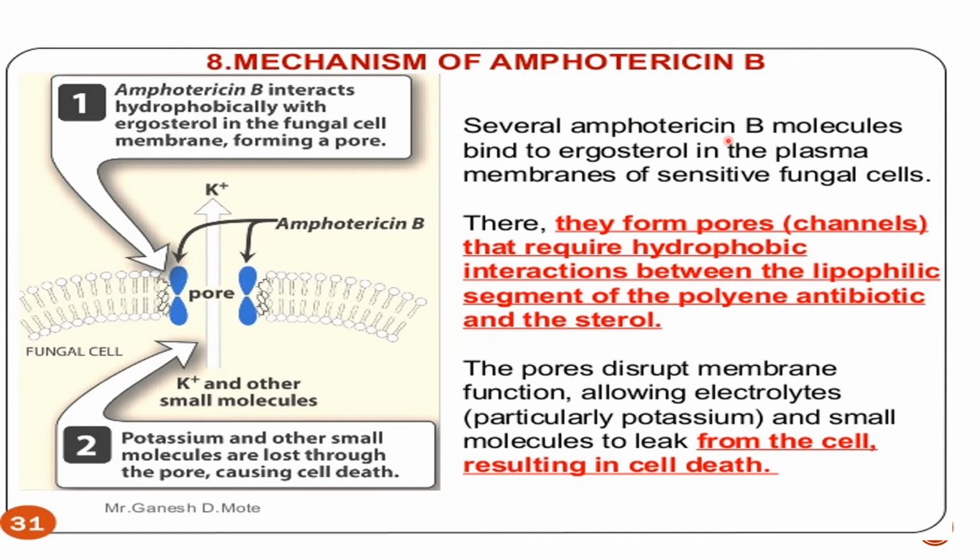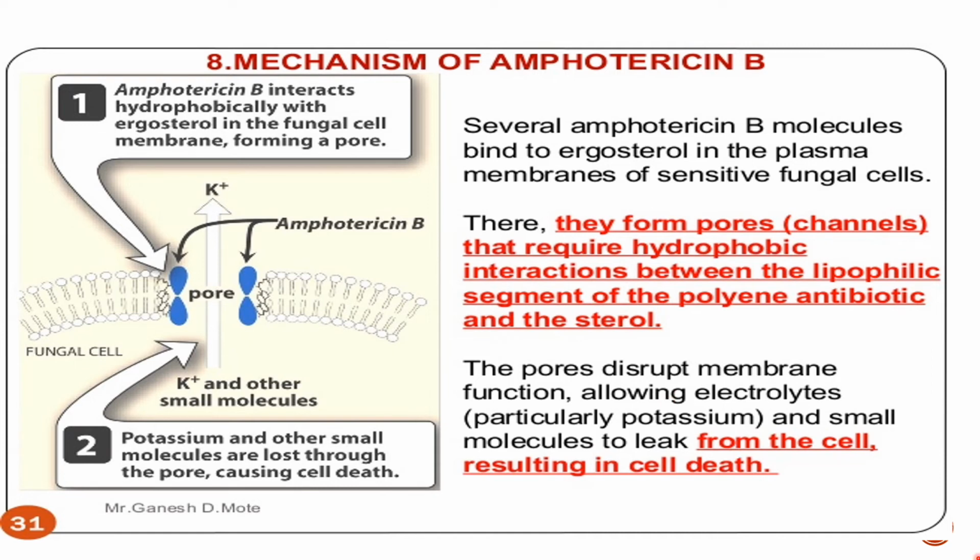Several Amphotericin B molecules bind ergosterol in the plasma membrane of sensitive fungal cells. The pores that are formed are called channels. It requires hydrophobic interaction between the lipophilic segment of the polyene antibiotic and the sterol. The pores disrupt membrane function, allowing electrolytes and molecules to leak, which eventually will cause fungal cell death.